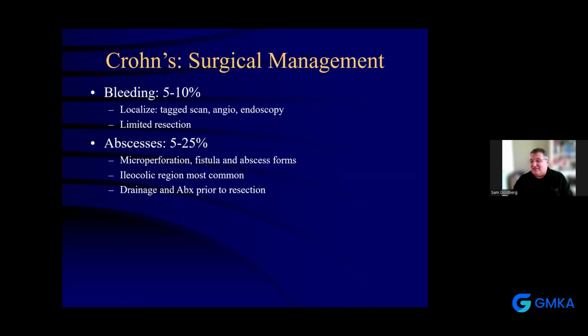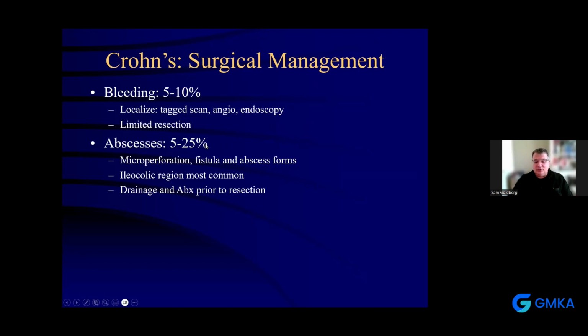If somebody's in their 50s, they could be having a diverticular bleed. So you really have to localize the bleeding, especially in a patient with IBD, because they need to retain as much bowel as they can, because you're going to be taking out other parts of it because of the Crohn's. So you don't want to take out bowel that's uninvolved if it's unnecessary.